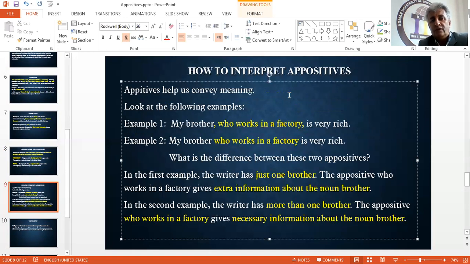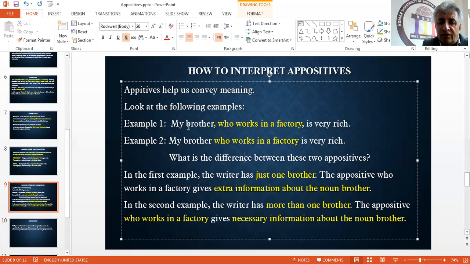Let's go to the interpretation of appositives. Look at these two similar sentences in words, but different in conveying meaning. My brother who works in a factory is very rich. My brother who works in a factory is very rich. In the first one, commas convey different meaning in the mind of the reader.